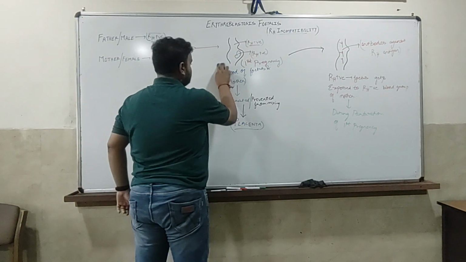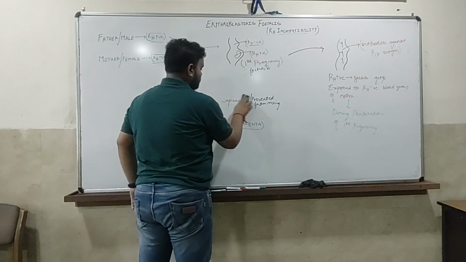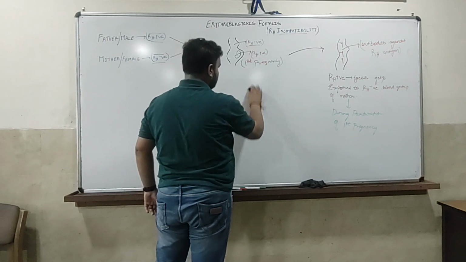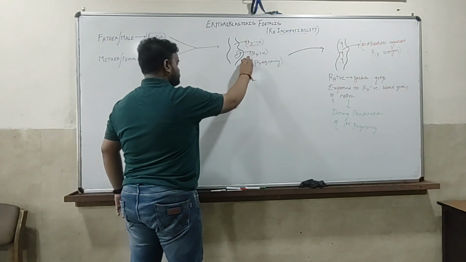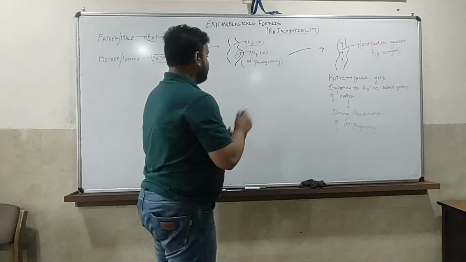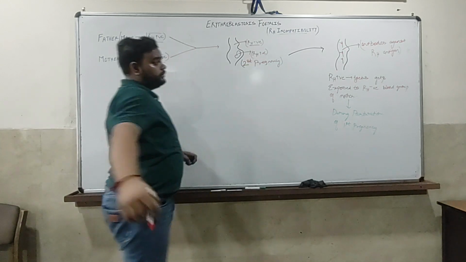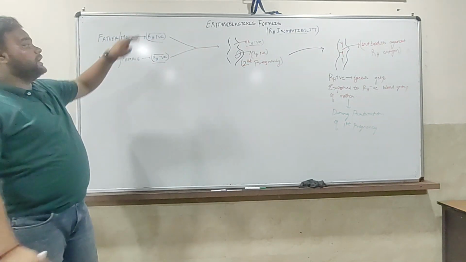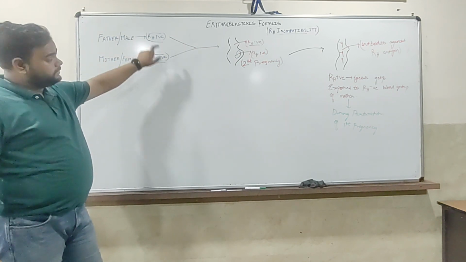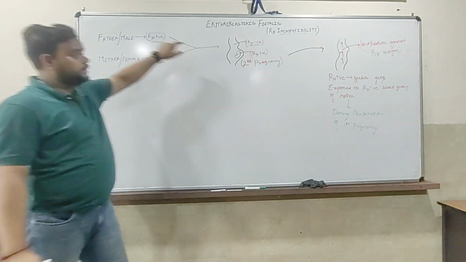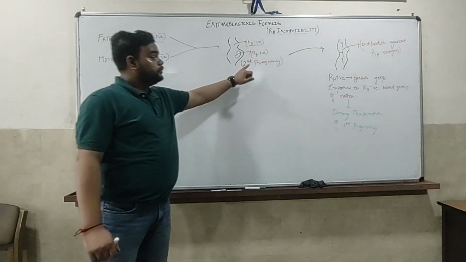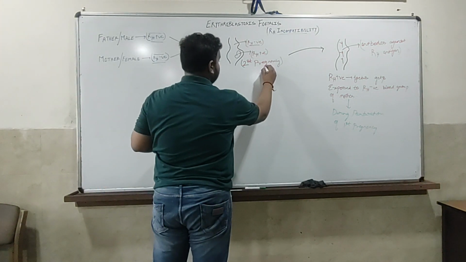Now, during the second pregnancy of this couple, again the Rh positive father and the Rh negative mother, Rh factor dominant, the fetus will be Rh positive and the mother, as we said, is already Rh negative. So during the second pregnancy, what will happen?